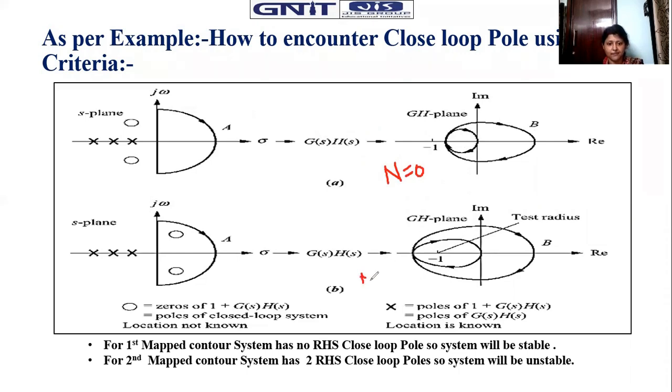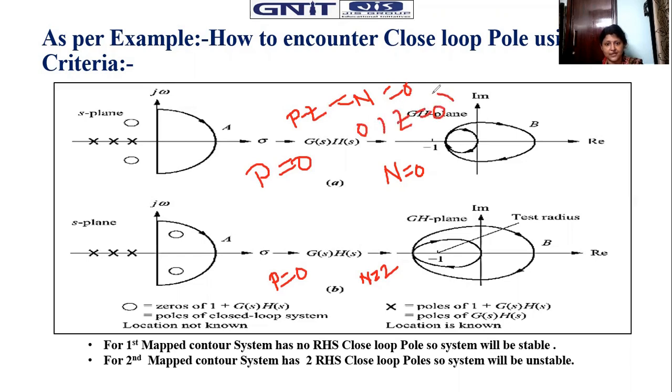Because we have dealt with 1 plus G(s)H(s), right? Till now, 1 plus G(s)H(s), where the origin was 0, 0. Now, while we are talking about G(s)H(s), that is very much simpler, because we don't want to form 1 plus G(s)H(s), which will give you complex stuff. So that's why we are taking only G(s)H(s).